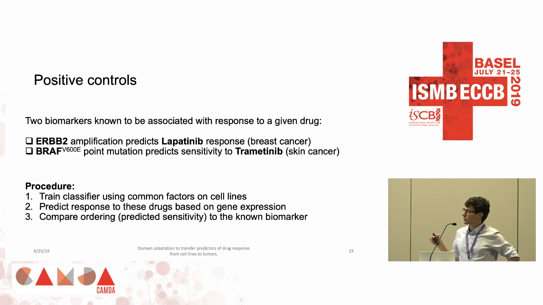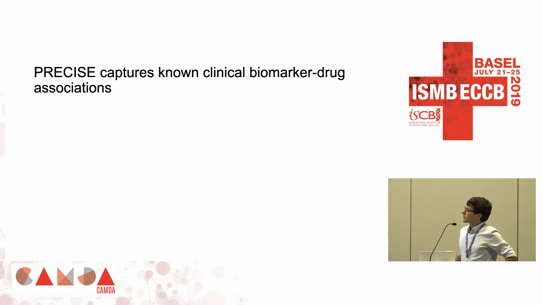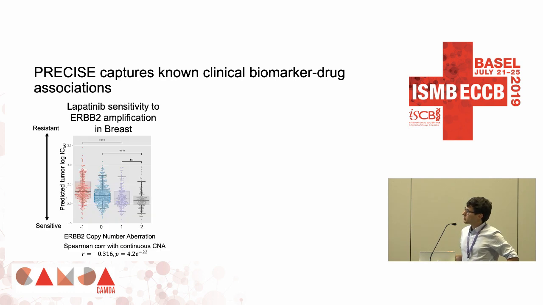And we perform the same procedure as before. So we compute the principal vectors, we then compute the consensus features, we project cell lines and human tumors on these consensus features, we train on the cell lines, and then we compute a predicted IC50 on the human tumors. So for ERBB2, we really see that the ERBB2 copy number aberration status that you see on the x-axis correlates with a decrease in the IC50.